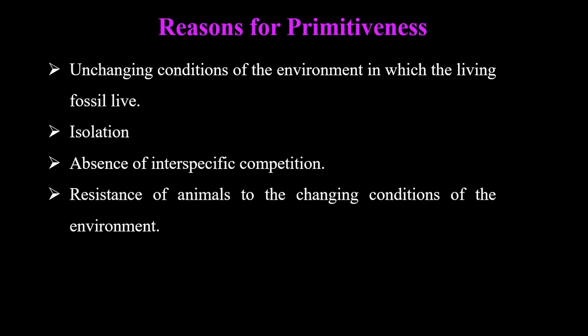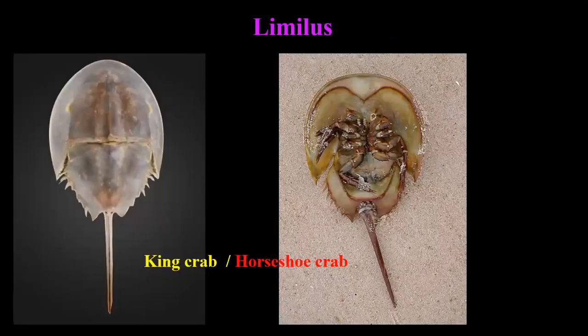Now let us see examples of some living fossils. The first one is Limulus. It is commonly called a king crab, which belongs to phylum Arthropoda and class Merostomata. Also referred to as the horseshoe crab. They are not crabs or crustaceans.